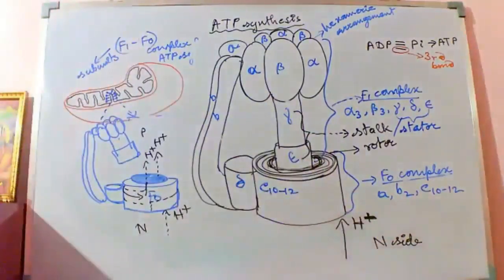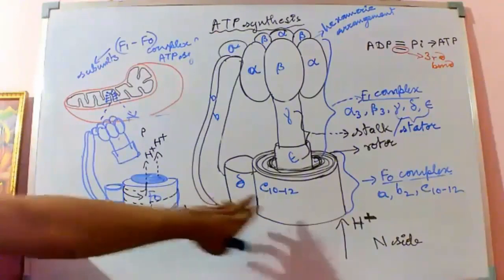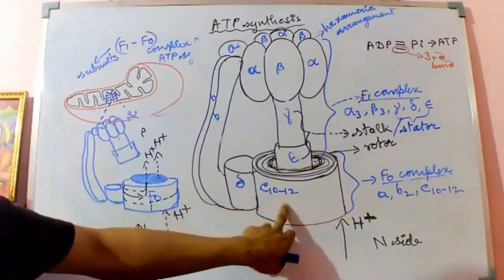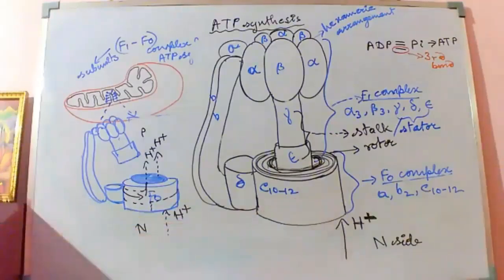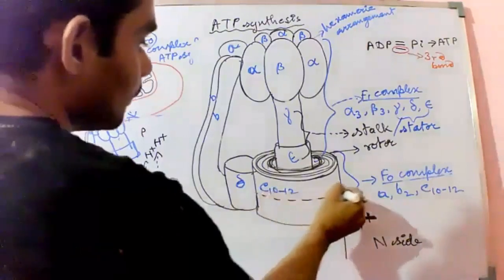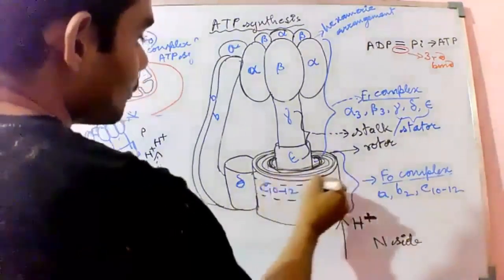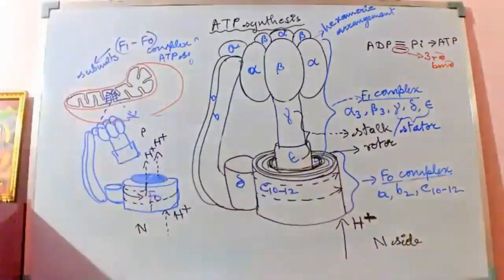This rotor rotates due to the action of centripetal force. The centripetal force is being generated by the electrochemical gradient of the electron transport chain. For that reason, it creates a reaction on this F0 subunit or F0 complex, and due to the reaction, this helps in rotation of the F0 complex.